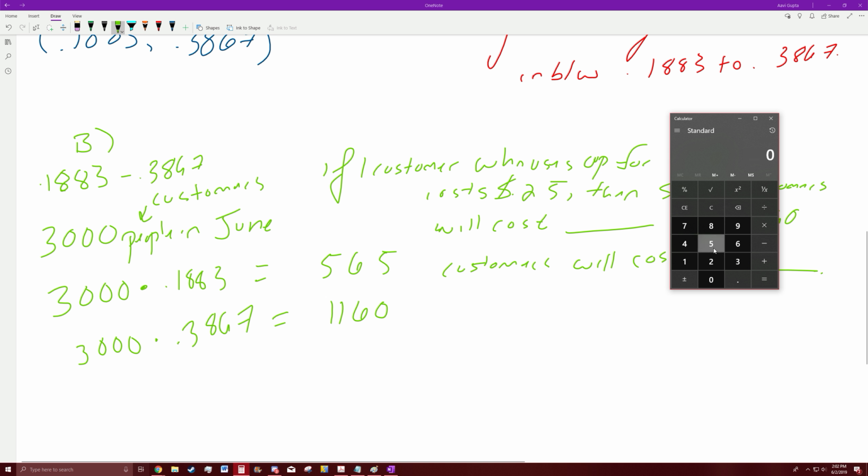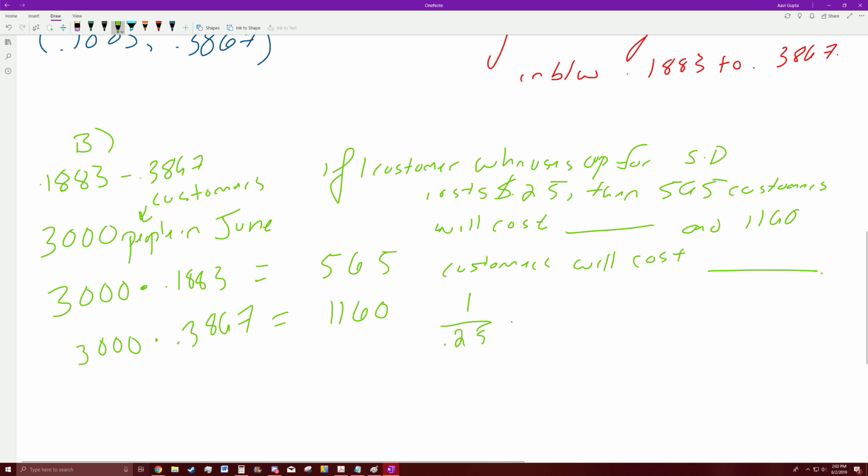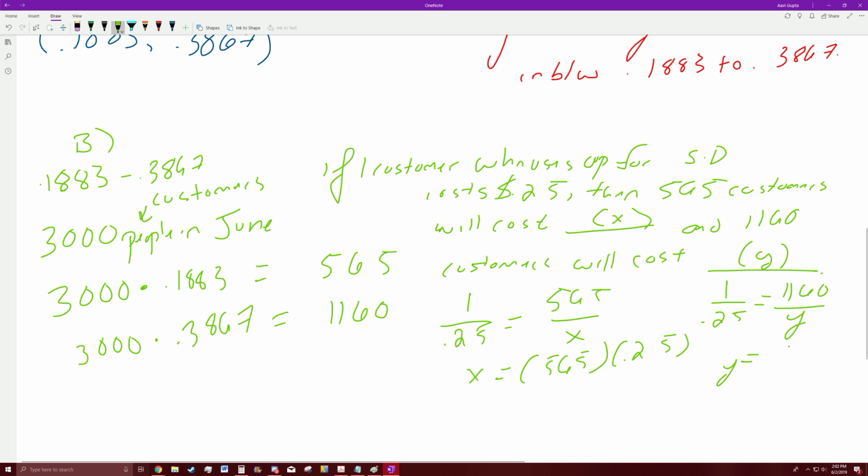I'll show that again. It's basically a proportion, right? If 1 is to 0.25, as 565 is to X, X is equal to the product of 565 and 0.25. And then 1 over 0.25 is equal to 1,160 over Y. Y is equal to the product of 0.25 and 1,160.